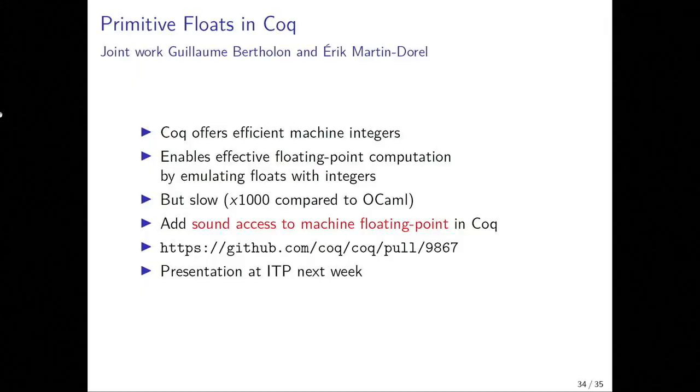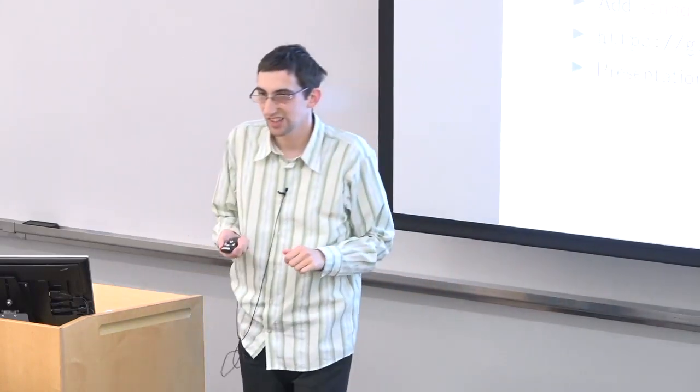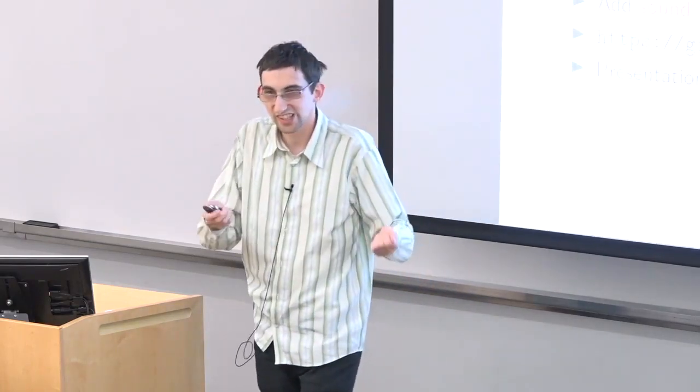So we'll present it next week at ITP. And we managed to modify Coq to not only have access to integers, but also to floating point computations. And it's quite a bit tricky to do this, remaining sound and not breaking Coq and being able to do proofs of false, because you are computing some value with floating point and another which should be equal, whereas they are not, because they are behaving differently on different machines.